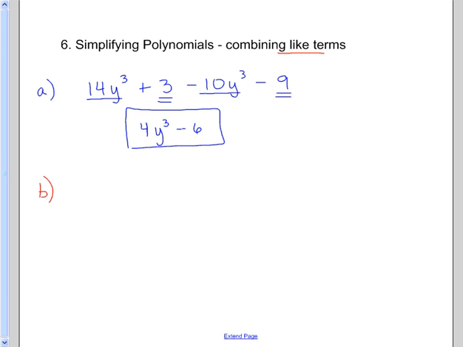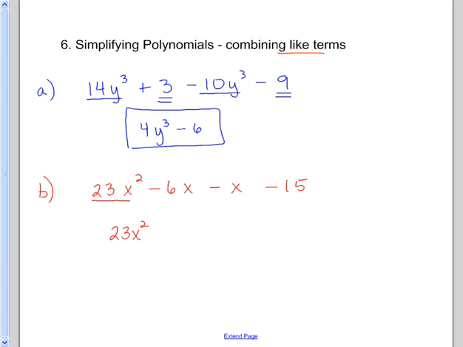Let's say if we have 23x squared minus 6x minus x minus 15. Okay, same thing. We want to say, all right, what do we have that we can put together? Well, 23x squared is not a like term with x. So that's the only x squared term, and that's the highest degree. I'm going to bring it down first.